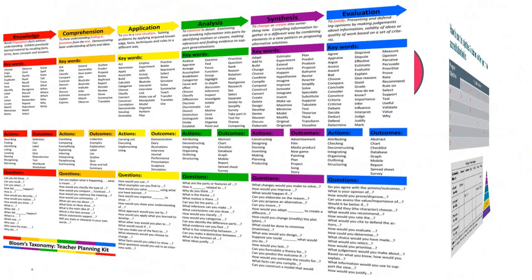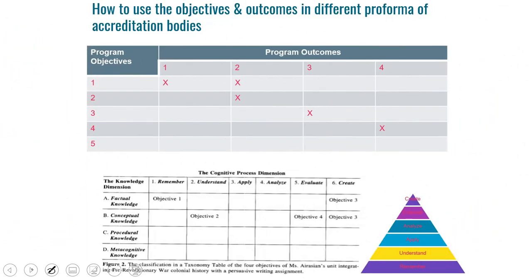that one should know how these objectives and outcomes are framed and aligned in different accreditation bodies' proforma. Usually it is asked in the self-assessment report, like in the Higher Education Commission of Islamabad, when they are using different standards.